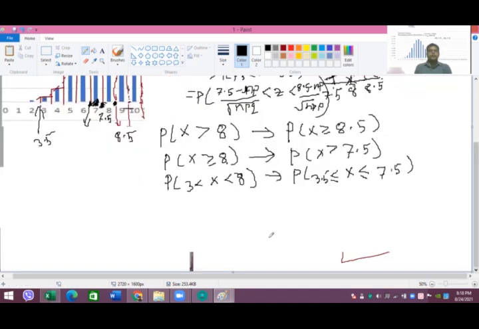And now let us talk about what if P(3 is less than or equal to x is less than 8). You can see that 3 should be included. That means you have to write 2.5 is less than x, and where it is less than, there is less than or equal to, and where less than or equal to, there is less than sign, and this is less than or equal to 7.5.